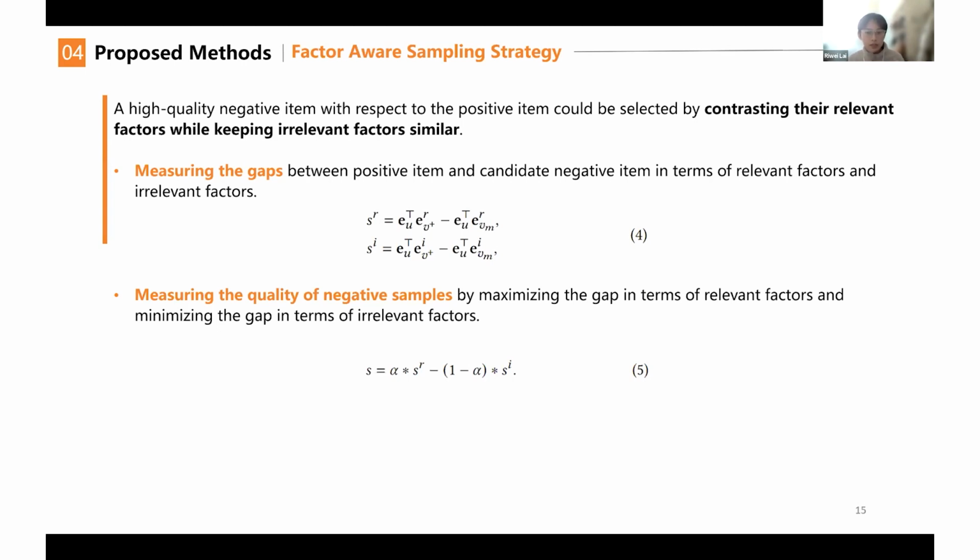Here, we adopt the differences between prediction scores due to the consideration of efficiency. Next, we measure the quality of negative samples by maximizing the gap in terms of relevant factors and minimizing the gap in terms of irrelevant factors. In order to explicitly balance the different contributions of the two factors, we introduce a trade-off parameter alpha.